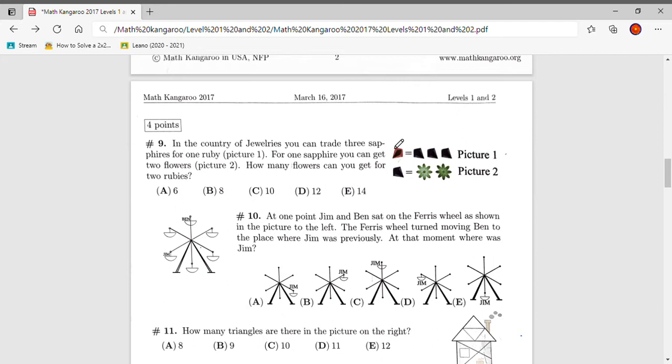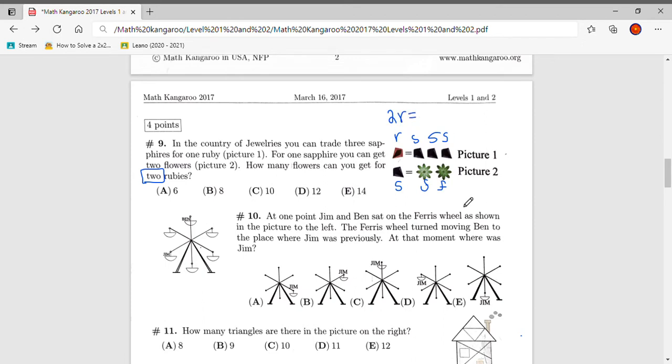So we can label rubies as R and sapphires as S, and flowers as F. So it's asking for how many flowers you can get for 2 rubies. So first let's see how many sapphires you can get for 2 rubies. So 2R equals how many sapphires?